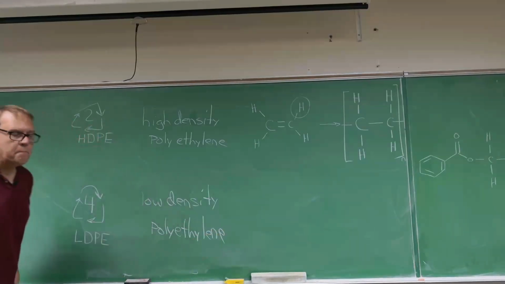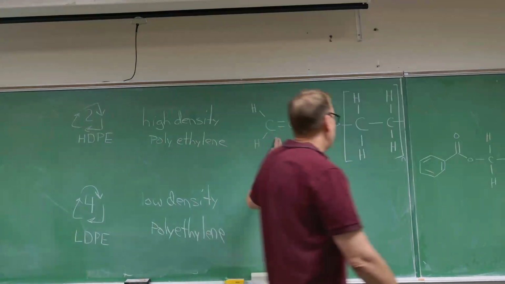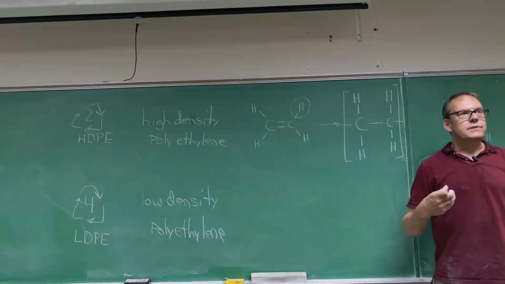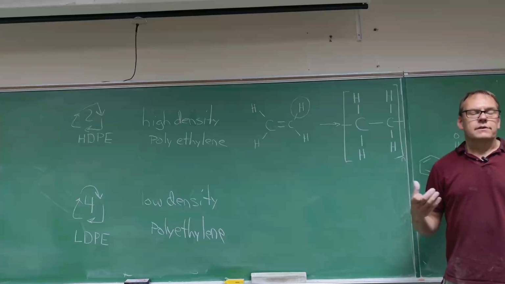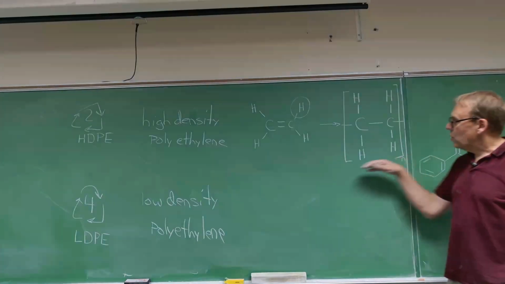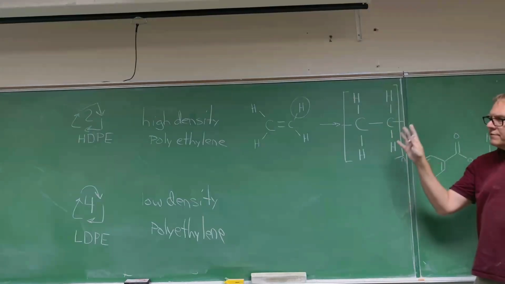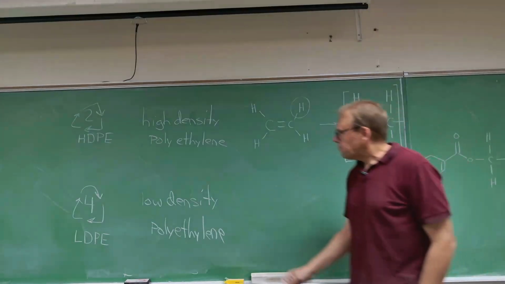And it has the same basic structure as HDPE. It starts from the same monomer, but what makes it a little different is that every so often it has some branching. So instead of just one really long chain, sometimes the chain branches a little bit. That gives it different properties.